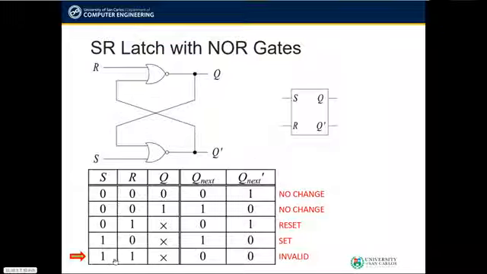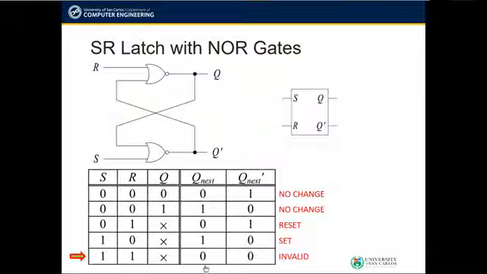Here, we can see that when SR inputs are 1, 1, the next value of Q will always be 0, but so is Q next prime. This will happen regardless of the present value of Q. Remember earlier in the discussion, it was mentioned that these two should never be the same.